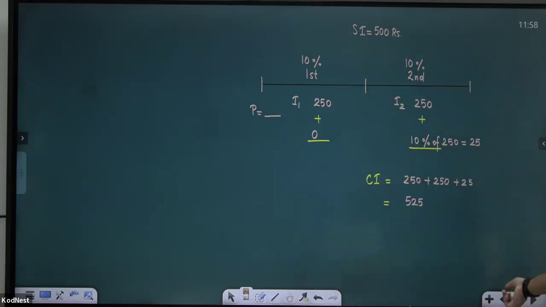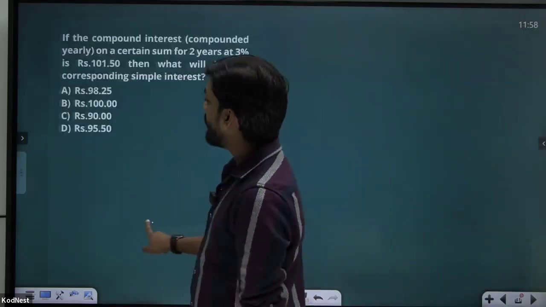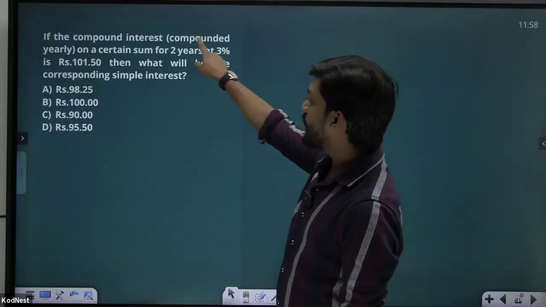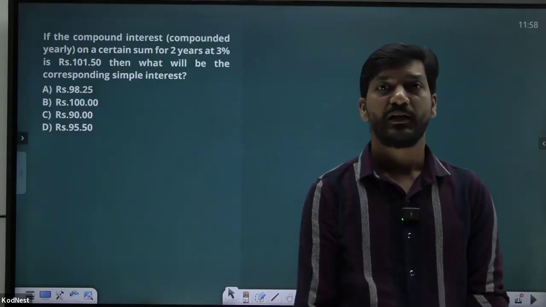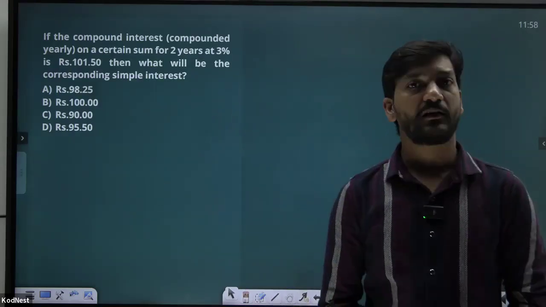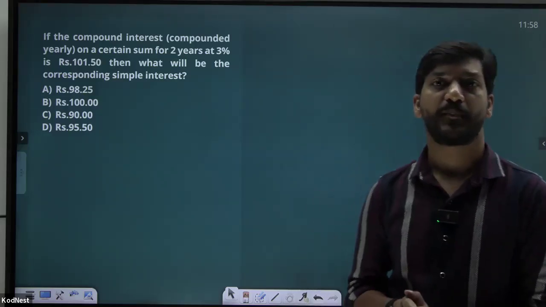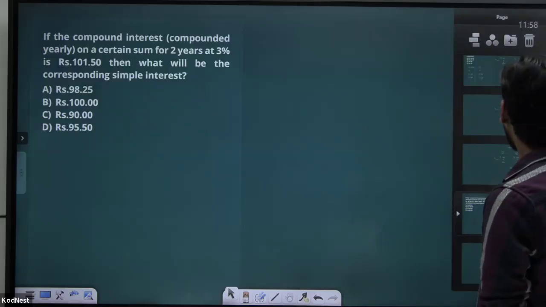So what we have to do in that case is, carefully understand now. I have taken a question: 3%, 2 years, 100 rupees simple interest. Can you understand why I took 100 rupees simple interest? Let me write that.